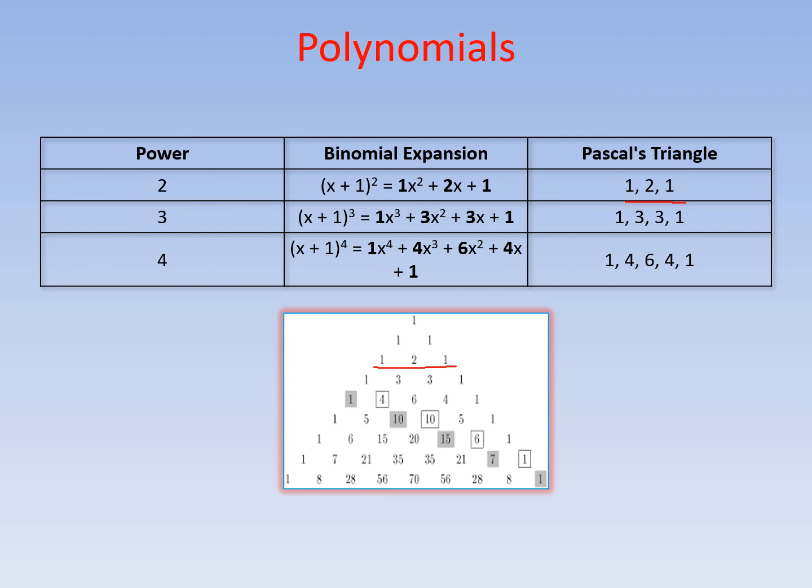That means the coefficients of x plus 1 whole square will be, if you write the powers of x in decreasing order, firstly x square, then x, and then the last one will be x raised to the power 0, which is not mentioned here. So the coefficients you can directly write from here.